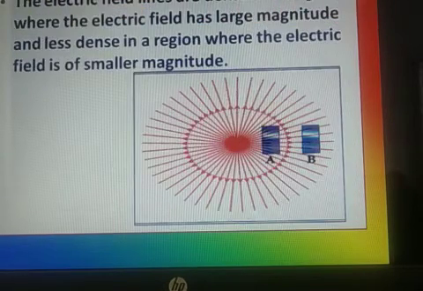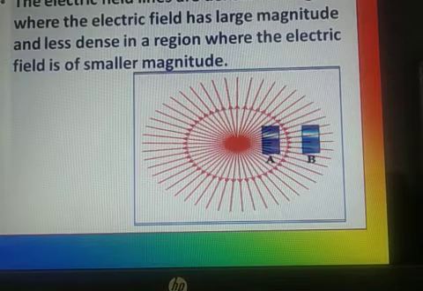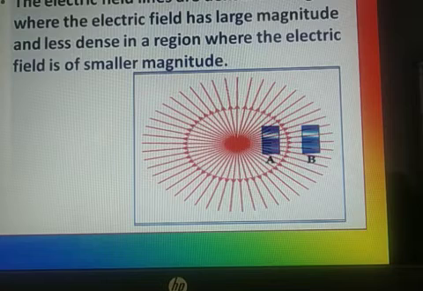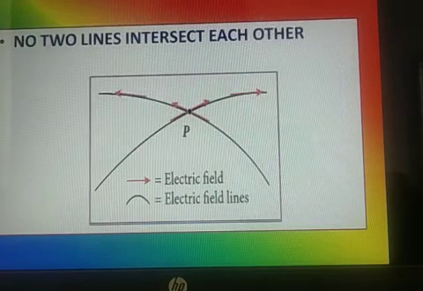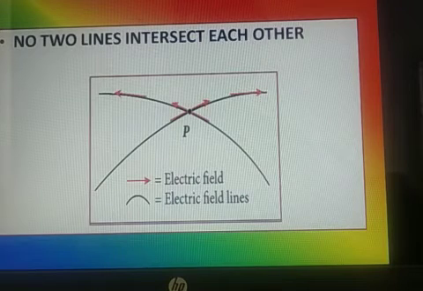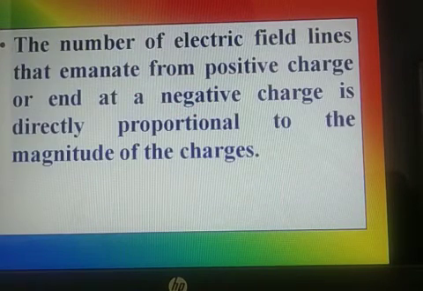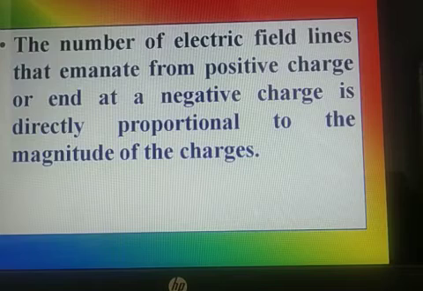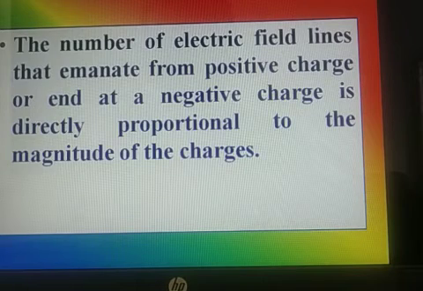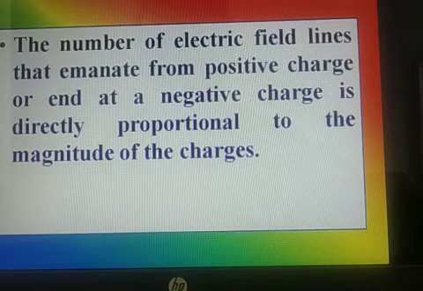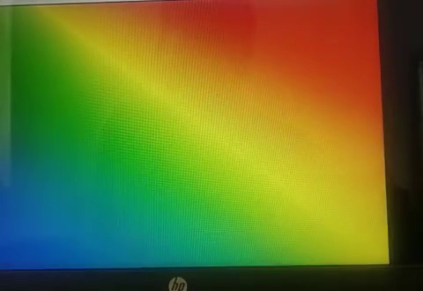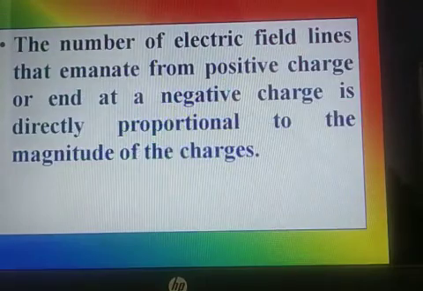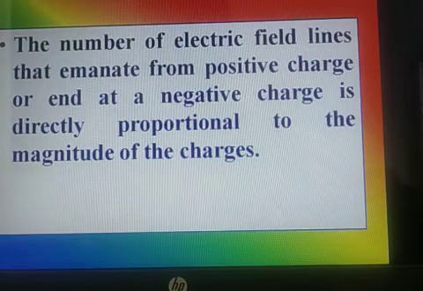The electric field lines are denser in a region where the electric field has large magnitude and less dense where the electric field is of smaller magnitude. No two lines intersect each other. The number of electric field lines that emanate from a positive charge or end at a negative charge is directly proportional to the magnitude of the charges. So these are some important properties of electric field lines of force.